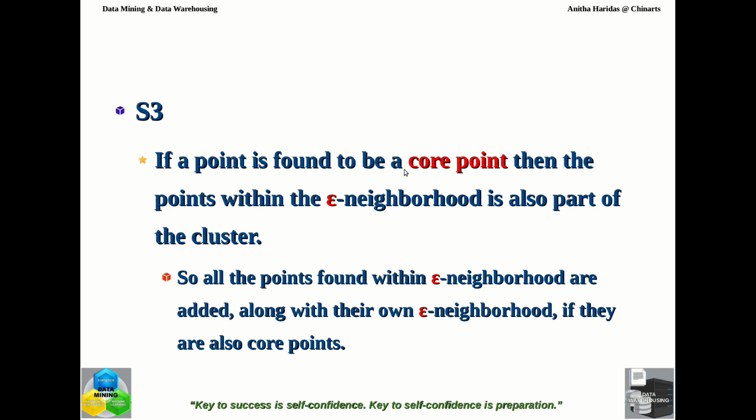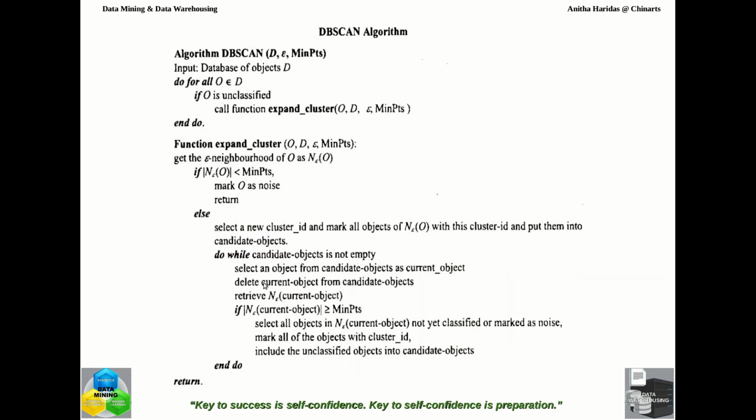If the point is found to be a core point, then the points within the epsilon neighborhood are also part of the cluster. So that is what we do here. We take the candidate objects and select an object from the candidate objects, and for the current object again we are finding the neighborhood, and if this neighborhood is greater than or equal to minimum points, then this again becomes a core point, right?